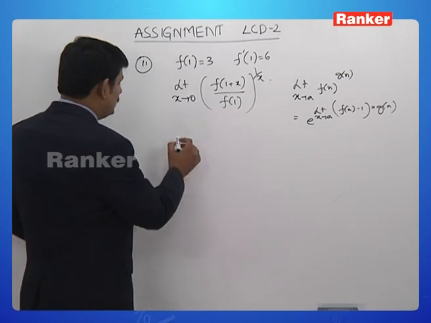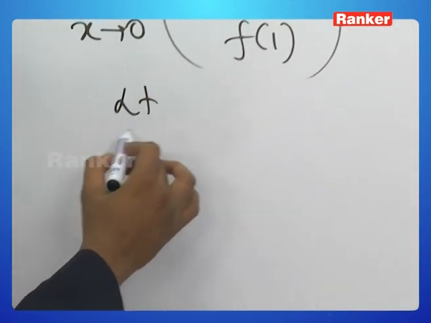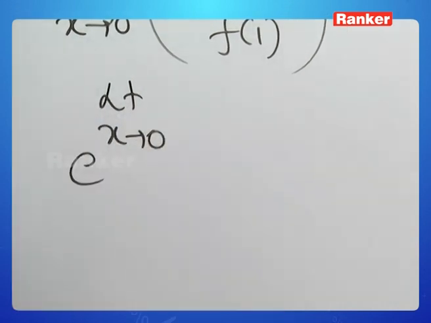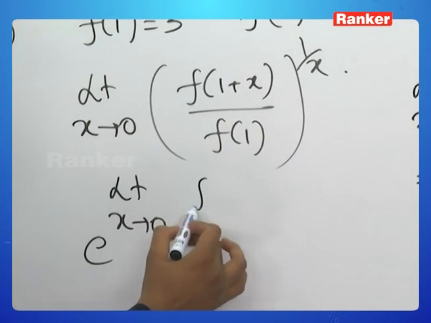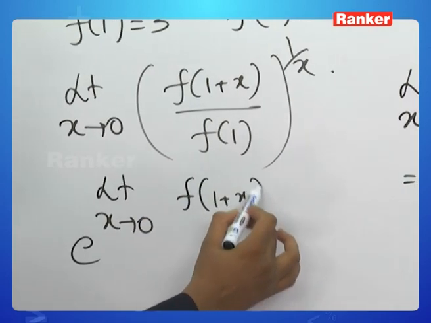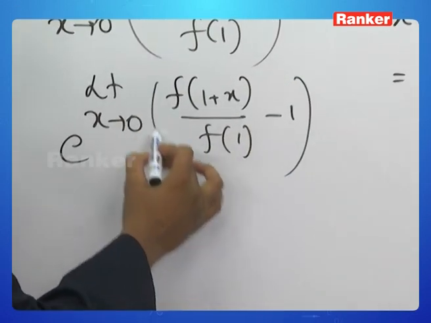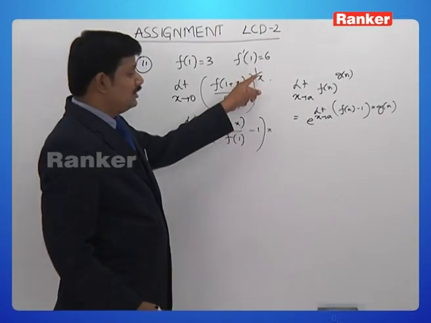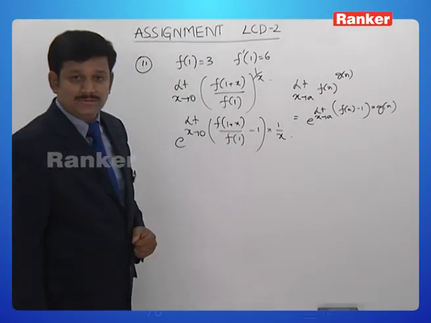So, let us do the same thing here. This limit will be e power limit x tending to 0 of f of x, the base, minus 1, that is f of 1 plus x divided by f of 1 minus 1, into g of x, which is 1 by x.